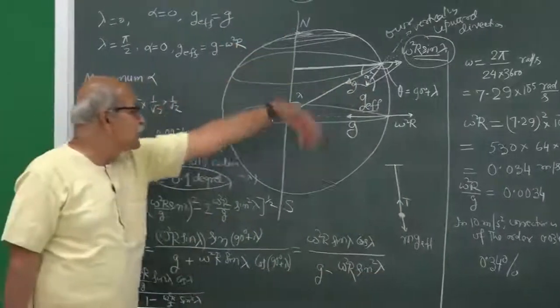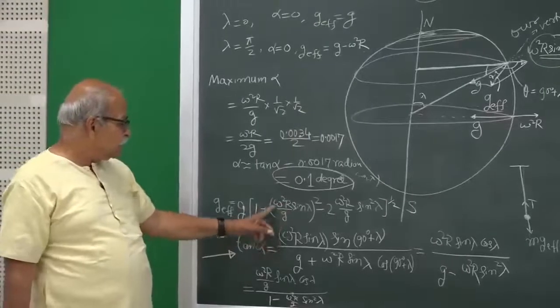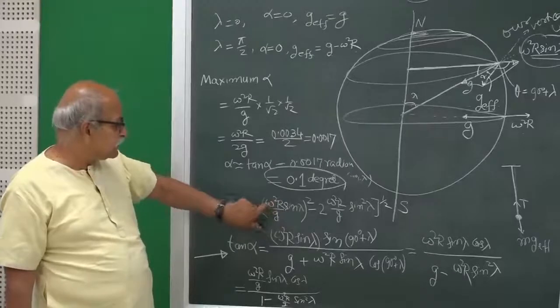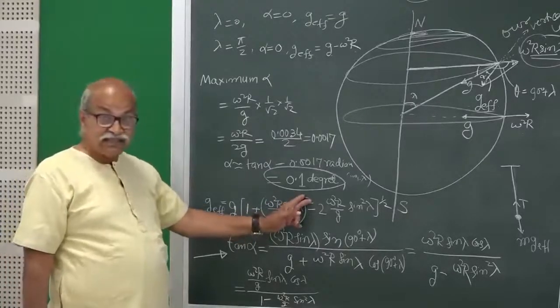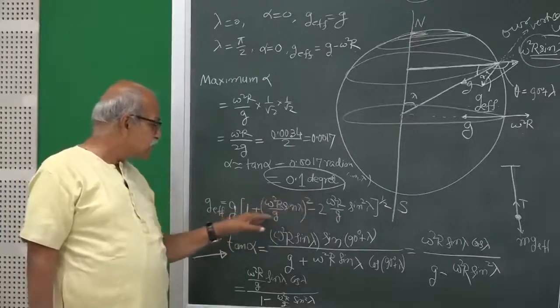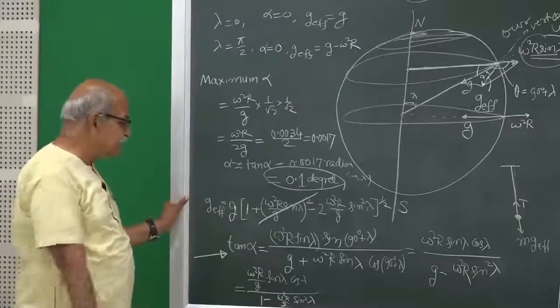Similarly, the value of g also changes from pole to equator, and you can see that from here. Here we have omega square r by g, which is a small quantity, remember this is 0.0034, and here it is the square of that. So, this is not going to make any significant effect.